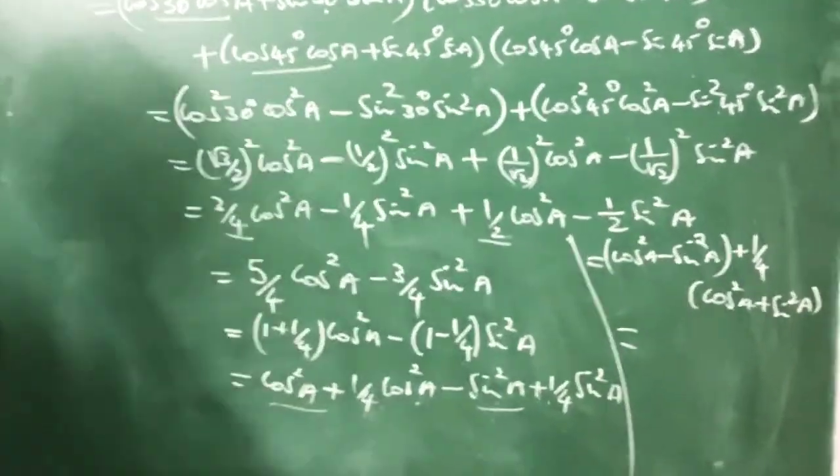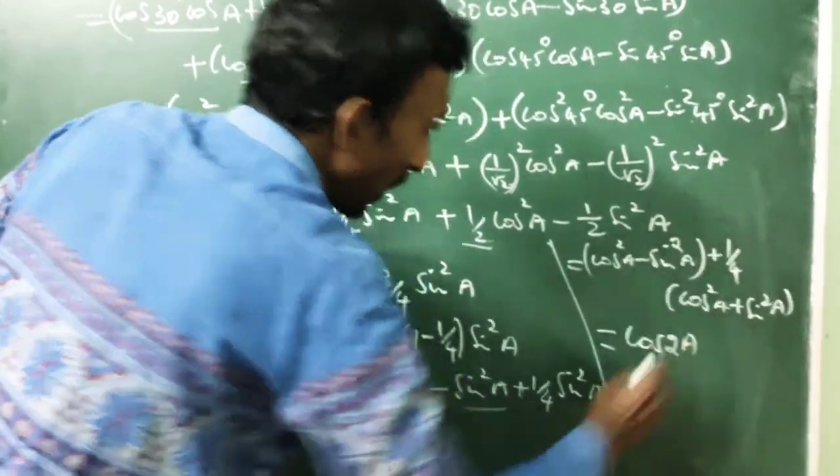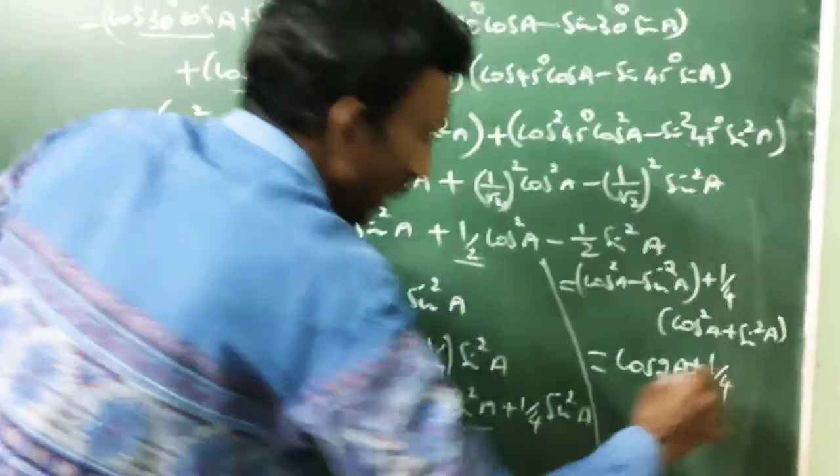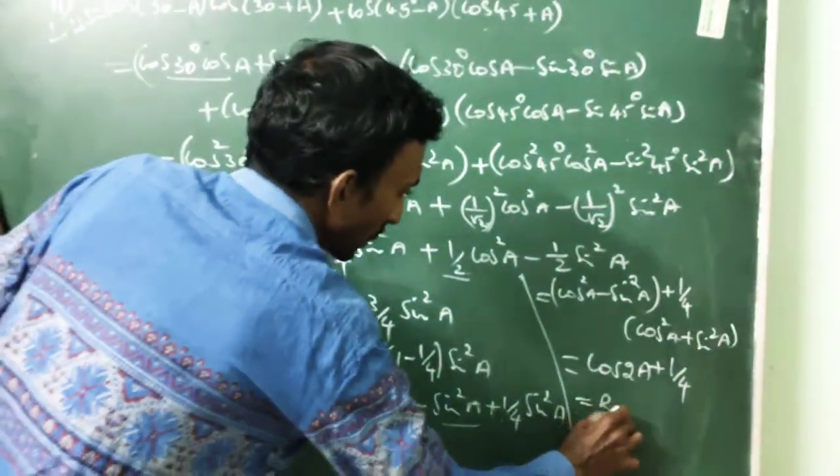Now cos square A minus sin square A is cos 2A, plus 1 by 4 into 1, since cos square A plus sin square A is 1. That is the RHS.